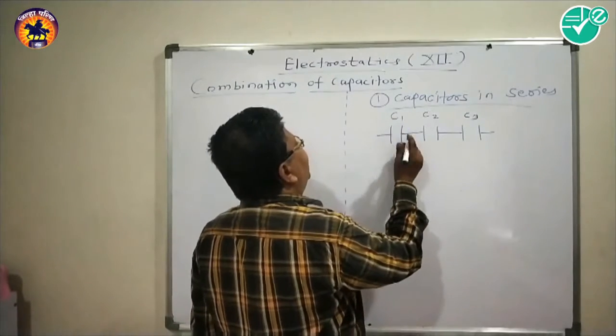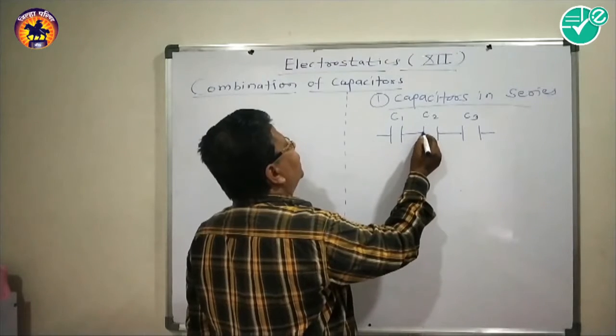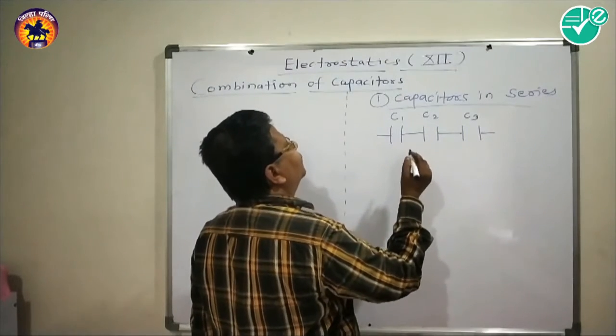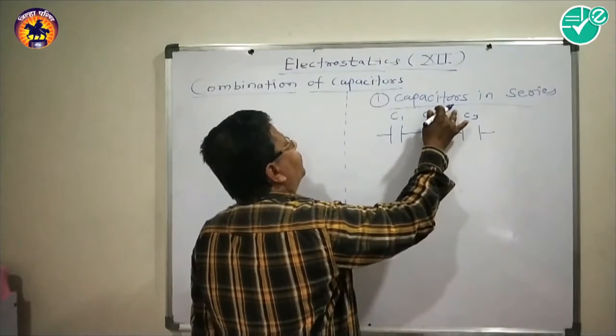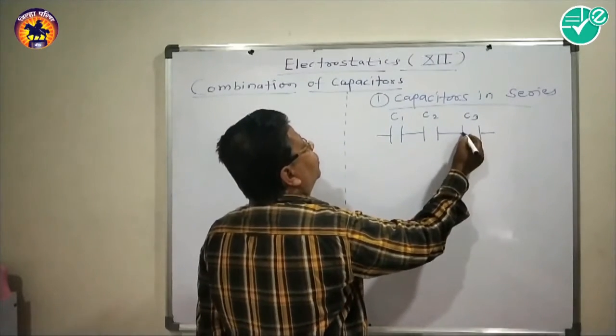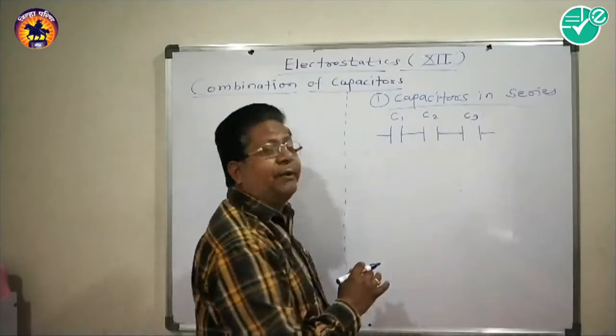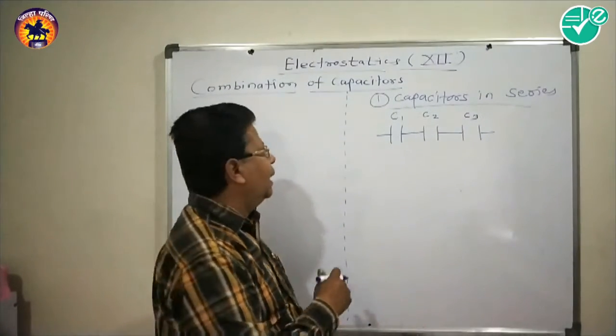That means the second plate of the first capacitor is connected to the first plate of the second capacitor, the second plate of the second capacitor is connected to the first plate of the third capacitor, and so on.